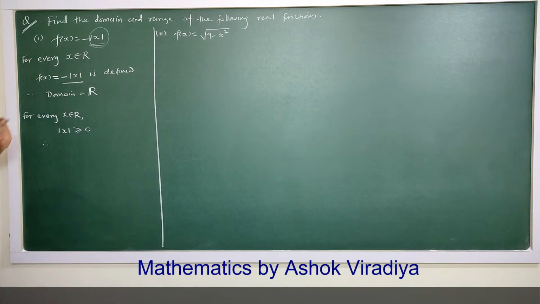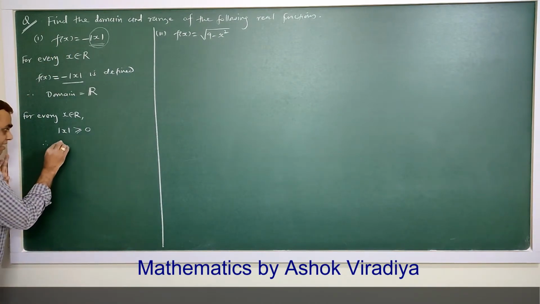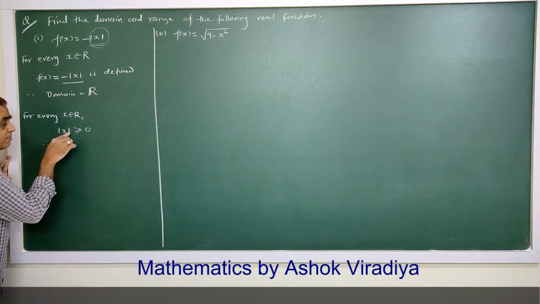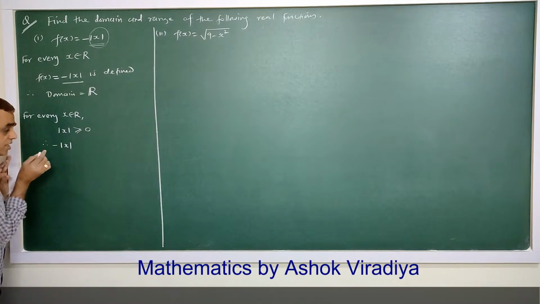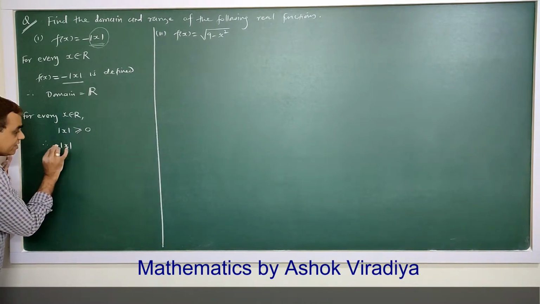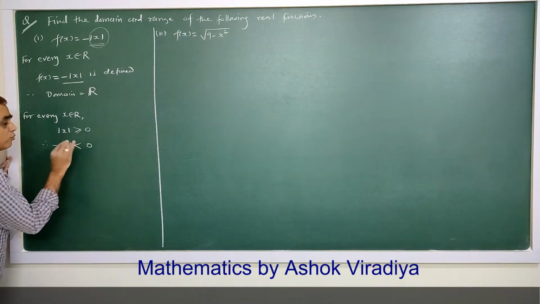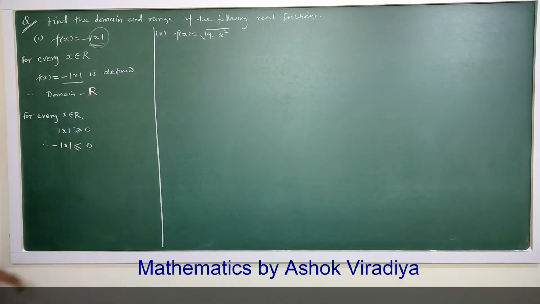Therefore, now I am applying the minus sign. So minus of modulus x, whenever any number is positive, if you apply the minus sign to it, it will be converted into negative. So this is less than or equal to 0.